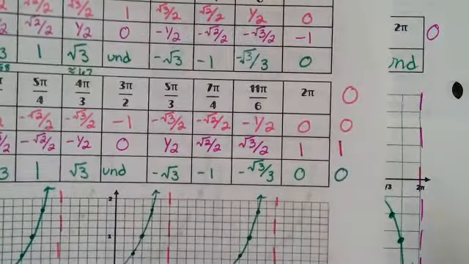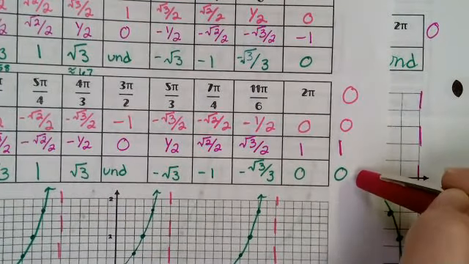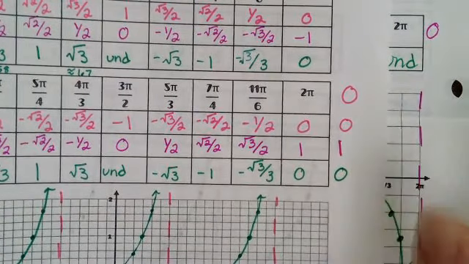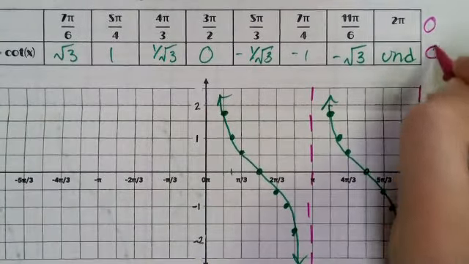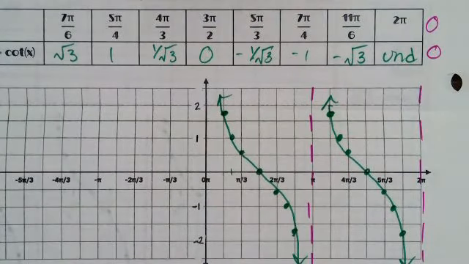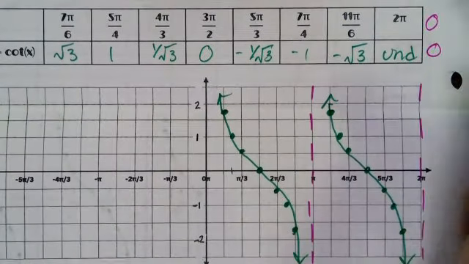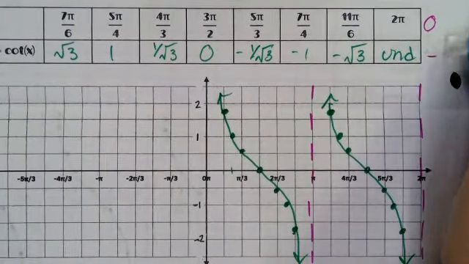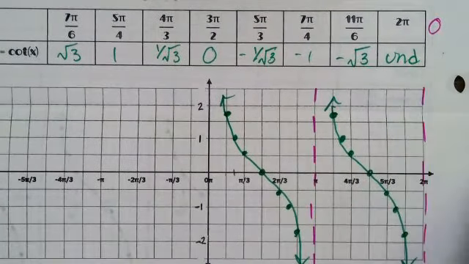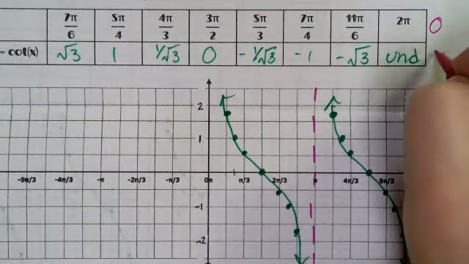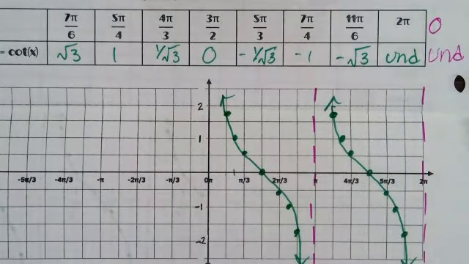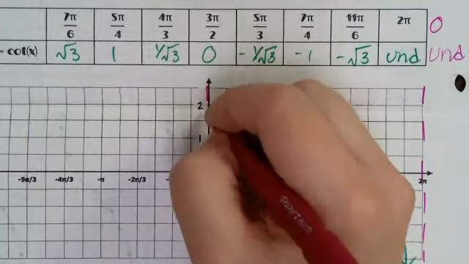On the tangent function, when my input was 0, my output was 0. The reciprocal of 0 is undefined. I'm sorry, y'all, I haven't had my coffee yet this morning. But yeah, so this should be undefined. And so we end up with another asymptote on this value.